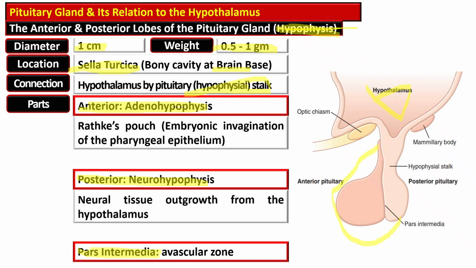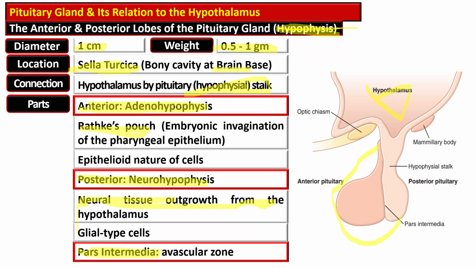The anterior lobe arises from Rathke's pouch, the embryonic invagination of the pharyngeal epithelium, while the posterior lobe arises from a neural tissue outgrowth from the hypothalamus. The anterior one has epithelioid cells, and the posterior one has glial-type cells.